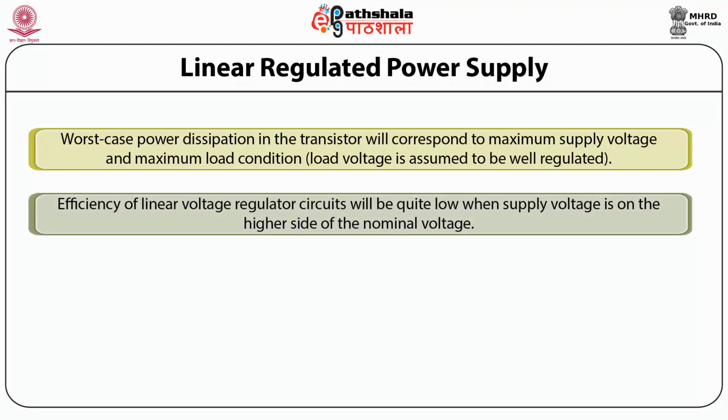So the efficiency of linear voltage regulator circuits will be quite low when the supply voltage is on the higher side of the nominal voltage. Students, let us summarize what we have learnt in this module. First, various components of power supplies were discussed sequentially.